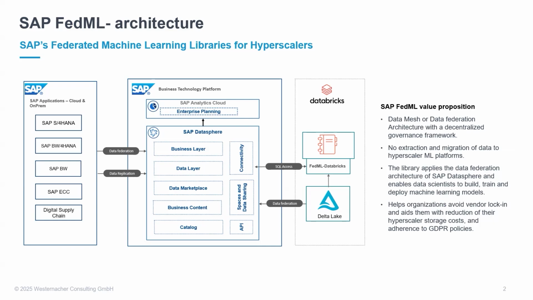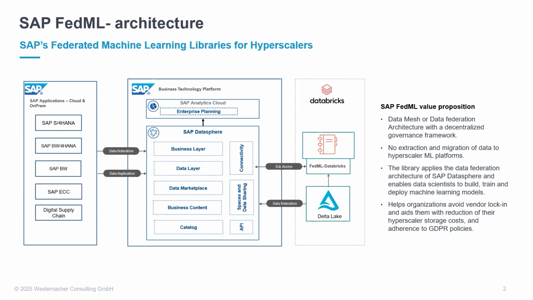For example, if you have a central procurement system or a central finance system, SAP or non-SAP, and you have Datasphere connected to it, you don't have to transfer that. If you have an Azure Databricks environment or an Azure machine learning environment, you don't have to send the data.